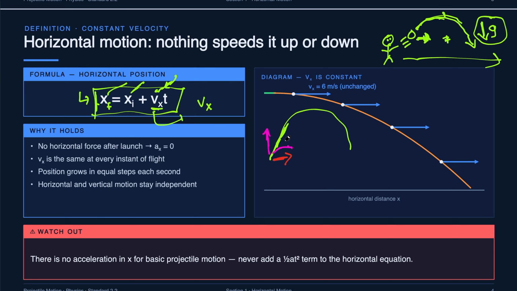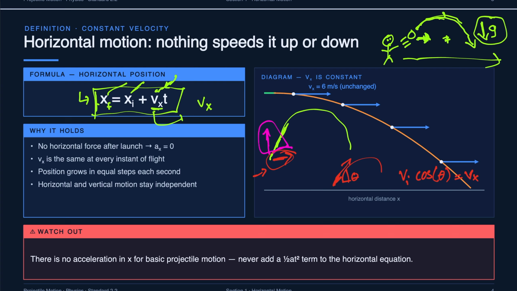The pink one is the vertical velocity, the red one is the horizontal velocity, and this is the only one we're looking at. Okay? And you know how to calculate that, right? If you're given an angle, that's just going to be the initial velocity, what speed the velocity vector is drawn at, times cosine of theta, and that is your Vx.